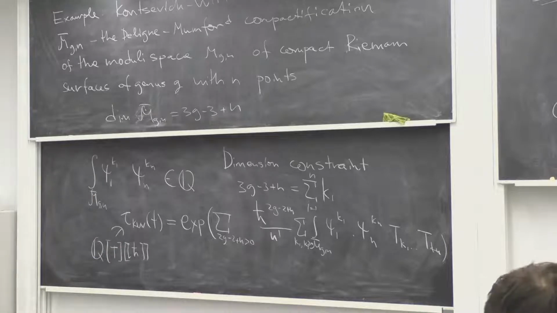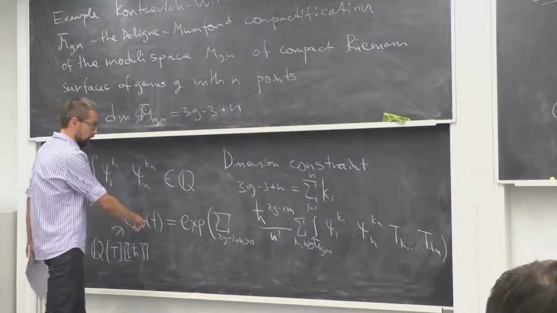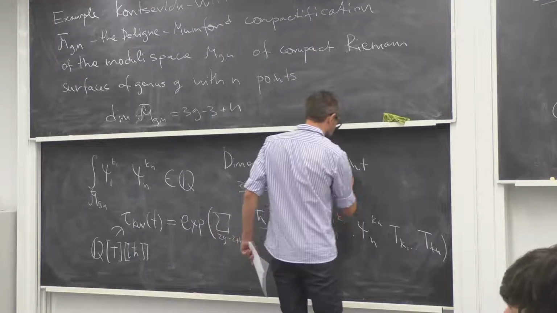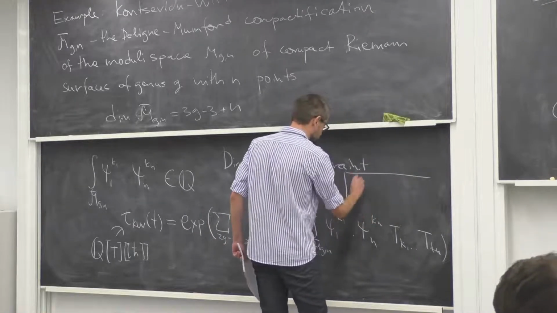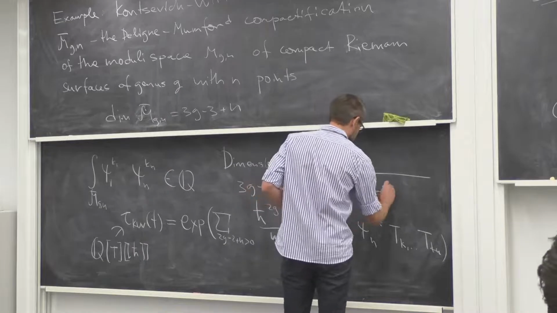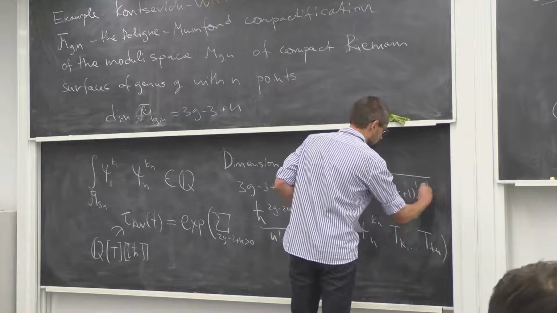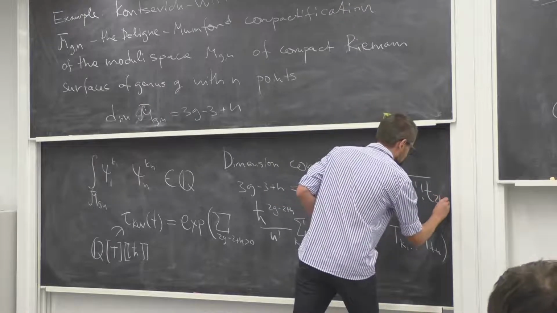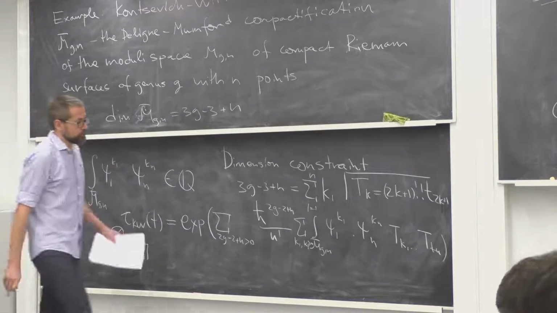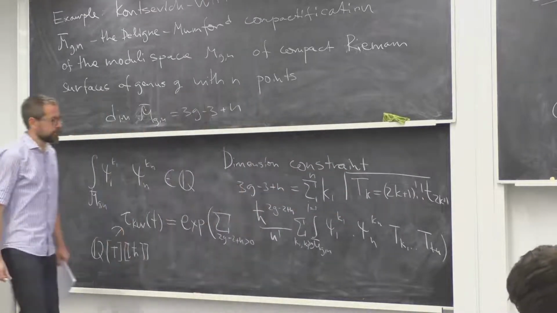What I want to say is that small t's and capital T's are related by a simple relation, namely t_k is equal to (2k+1) double factorial times T_k. I will always assume that small t's and capital T's are related by this scaling.